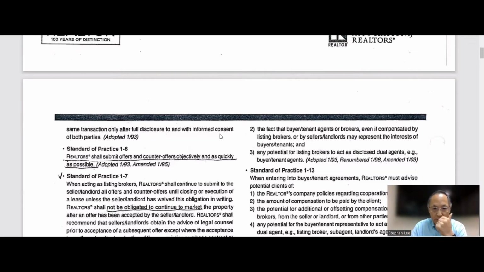But then you also have to get the consent, not just inform them, not just disclose, but consent. In other words, the seller has to agree and the buyer has to agree. Only then can the realtors represent buyer and seller for the same transaction.